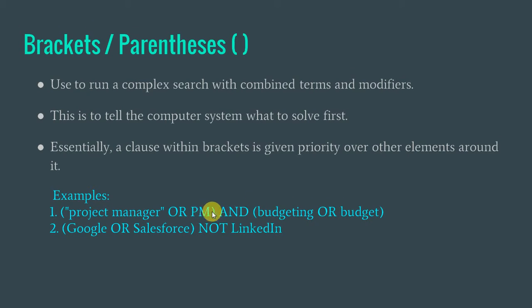If they are enclosed in a bracket or parentheses, they're given priority in your search. So if you have terms that are priority, even if it's just one word or one term, you must enclose them with the parentheses. So next we'll discuss the AND operator.